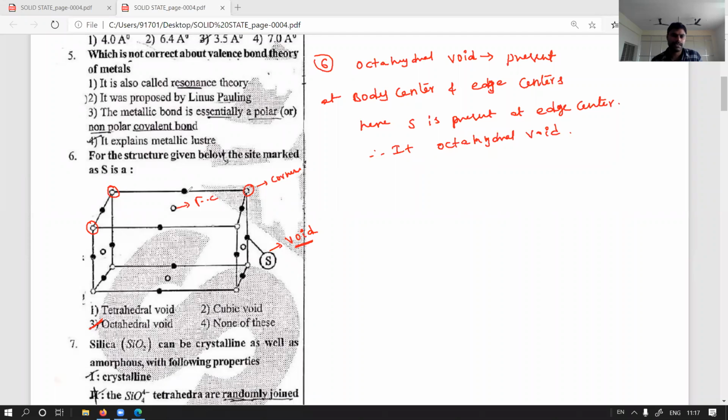In an FCC crystal structure, all atoms are present at corners and face centers, and tetrahedral voids are located inside, not at edge centers. Here the void is located at the edge center, that's why it is an octahedral void.